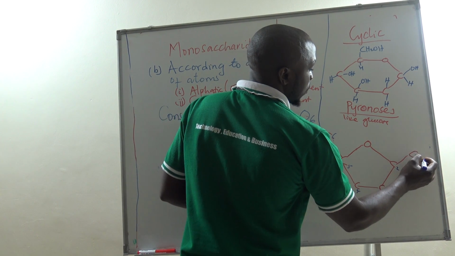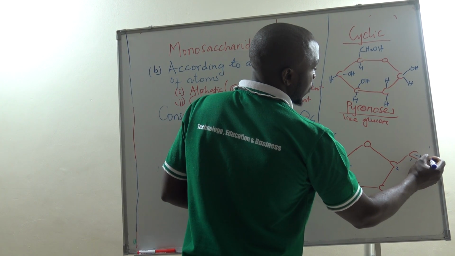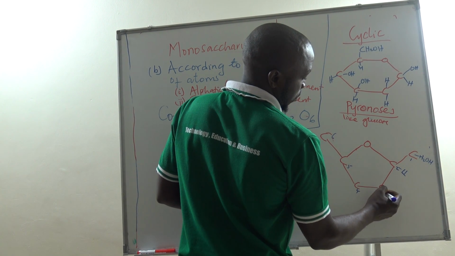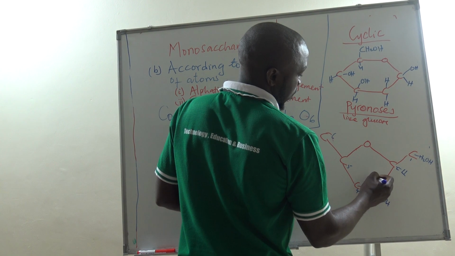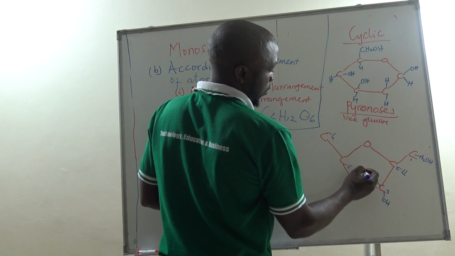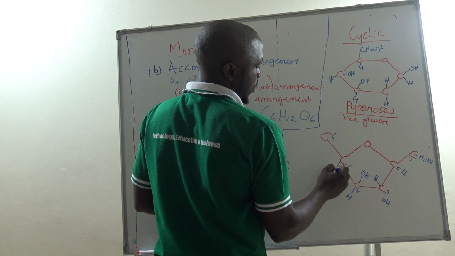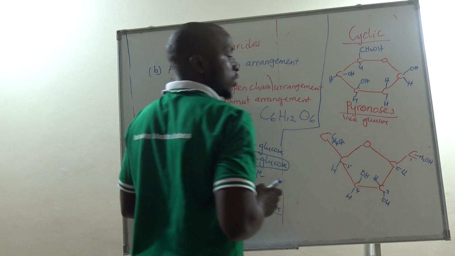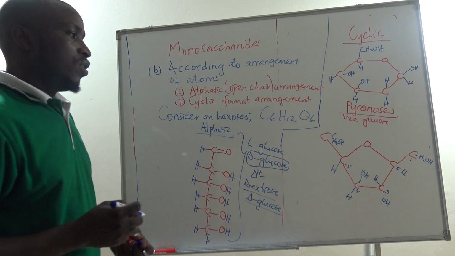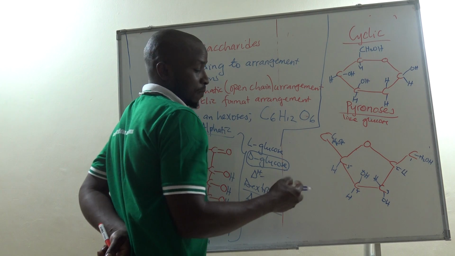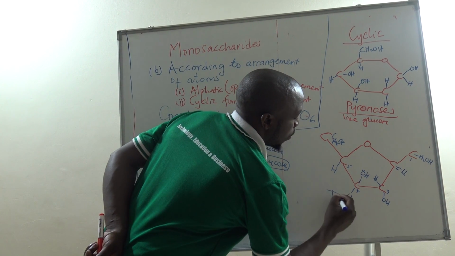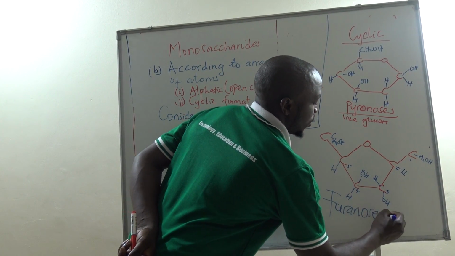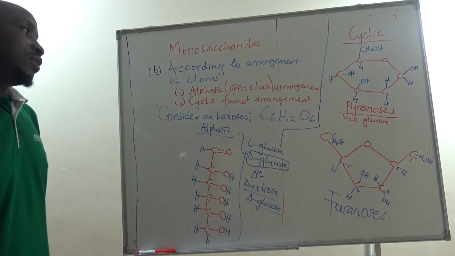It can also take up the CH2OH. So it can take up such a structure. If a sugar takes up a 5-sided ring, then it gets a special name. We are going to term it a furanose. So that one becomes furanoses.